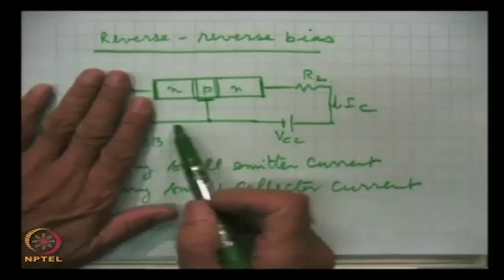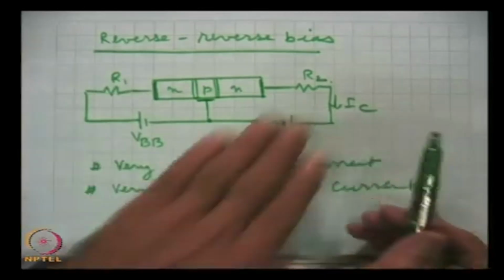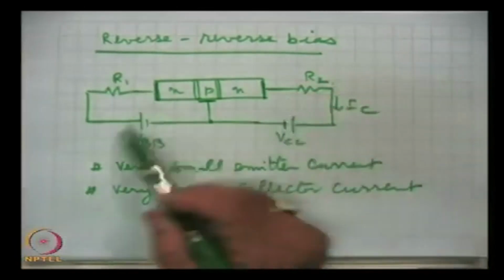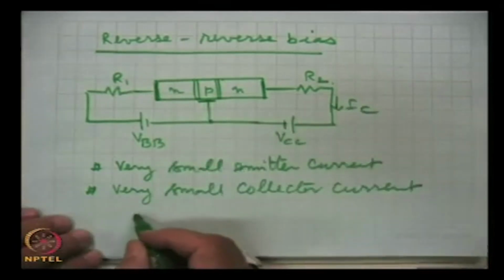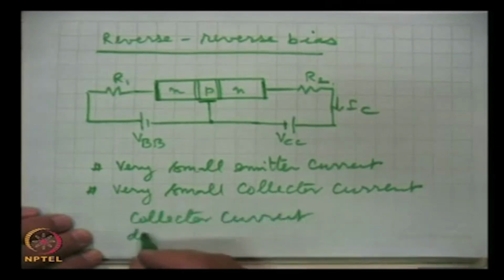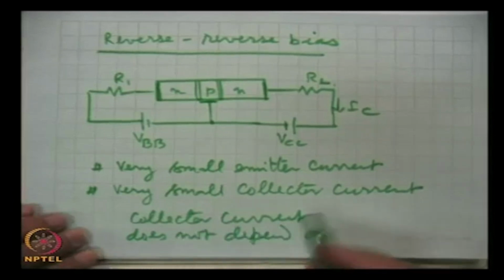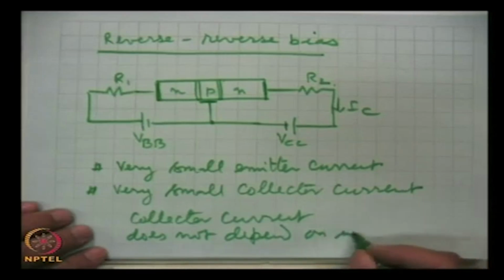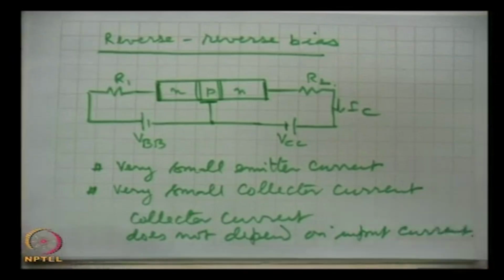If we switch off this current, still this current will continue to flow, and similarly if we switch off this, then this current continues, but the significant point is that IC, the collector current, does not depend on the input current, the emitter current. So, therefore, this also cannot be used for amplifying purposes.